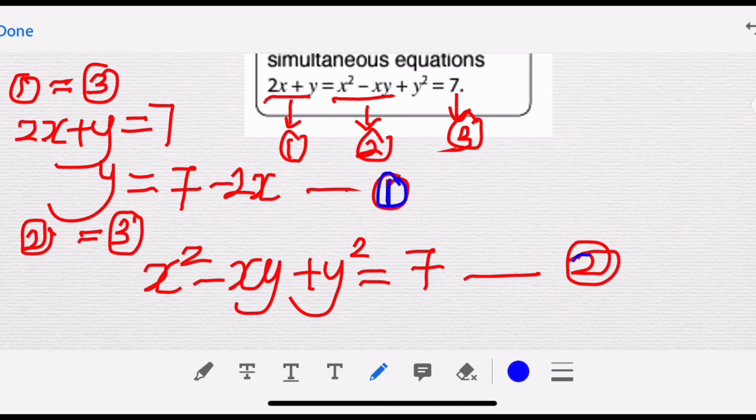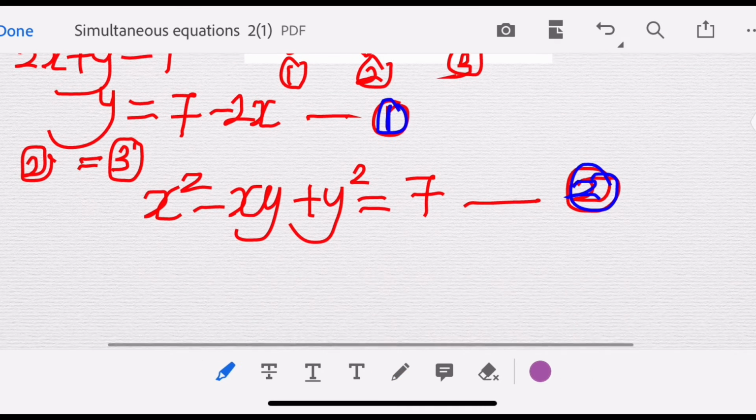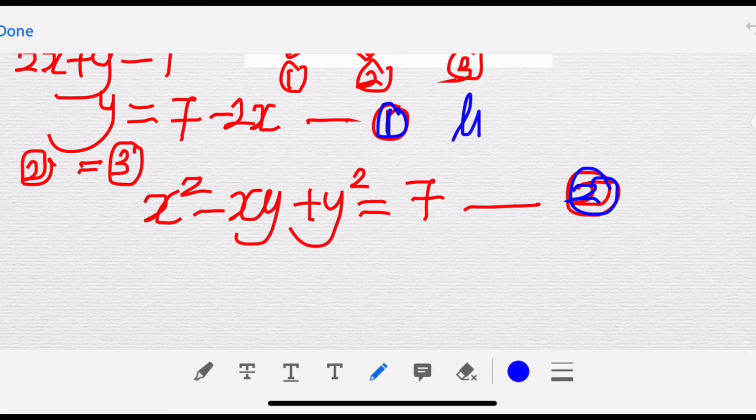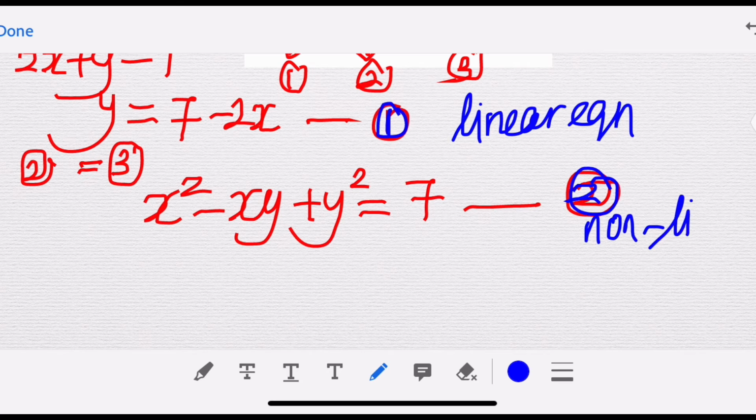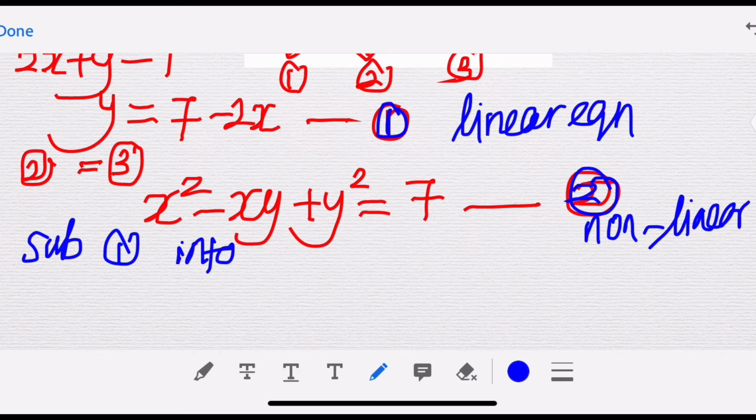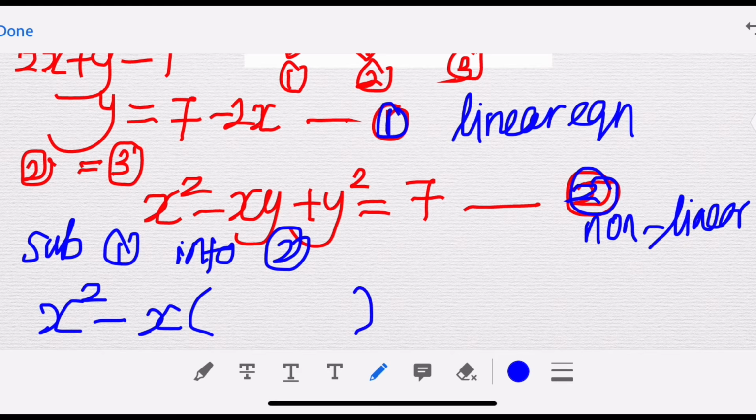This is 1, this is 2. So I have one linear equation, and this is a non-linear equation. So I'm going to substitute 1 into 2, right? So let's convert all the unknown y into x.